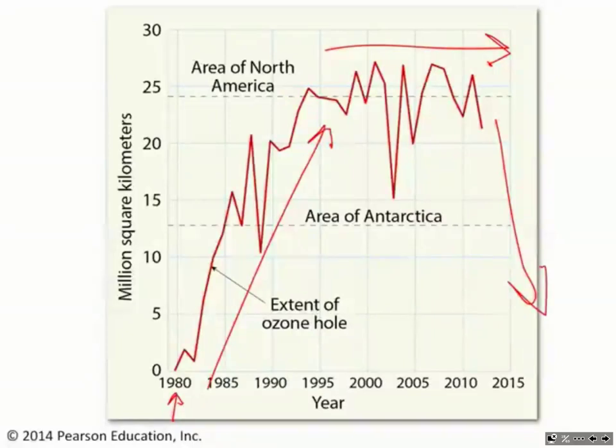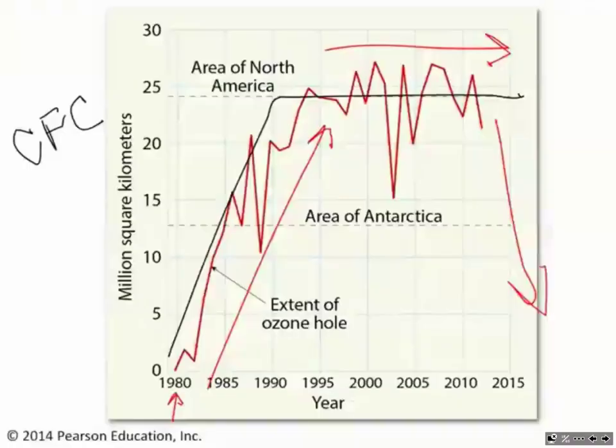The reason that the ozone hole stopped getting bigger and stayed about the same size is that in the mid-1980s there was a realization that human activity was causing the hole in the ozone layer, that we were releasing chemicals called chlorofluorocarbons, or CFCs, into the atmosphere.